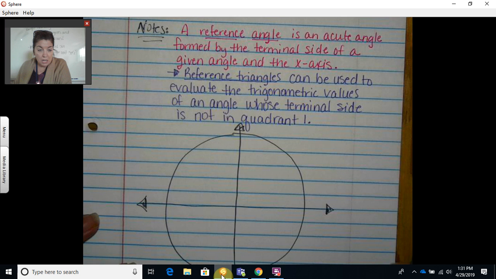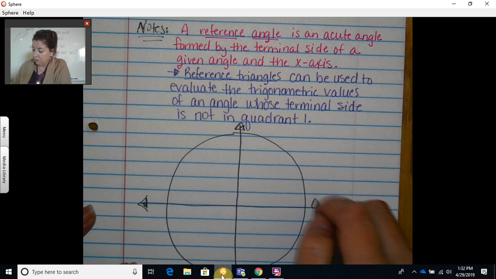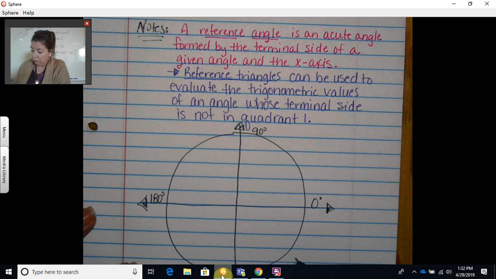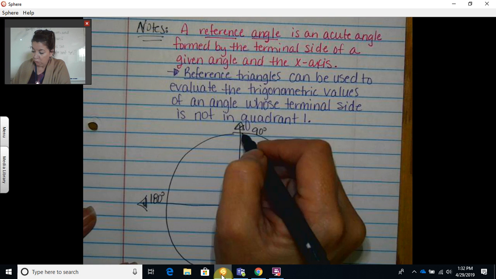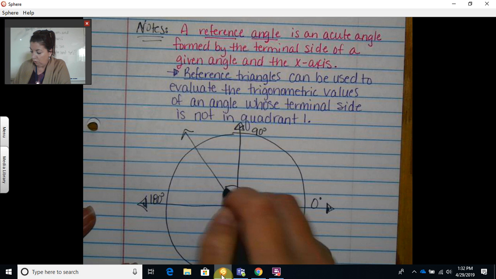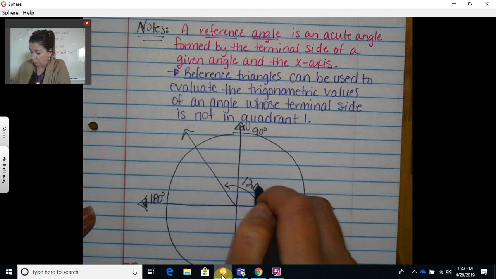So we know 0 degrees, 90 degrees, 180 degrees, 270 degrees. What quadrant would 120 degrees be in? 2. So if we go up here as 90, we need to go 30 more degrees, right? That would make this whole thing, this terminal side, form a positive 120-degree angle.